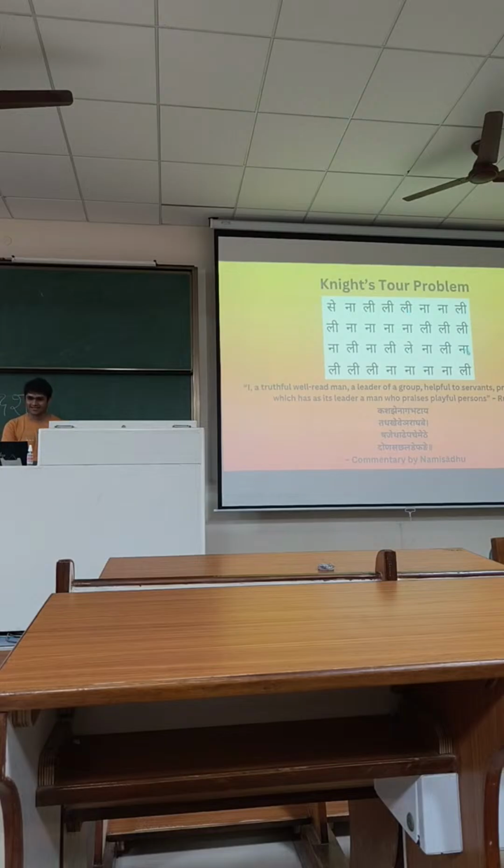Let's move along that path. This animation will continue moving along that path. For now, trust me, it's the same path as given in the verse. You just look at the letters it is covering. Say na li li li na na li.